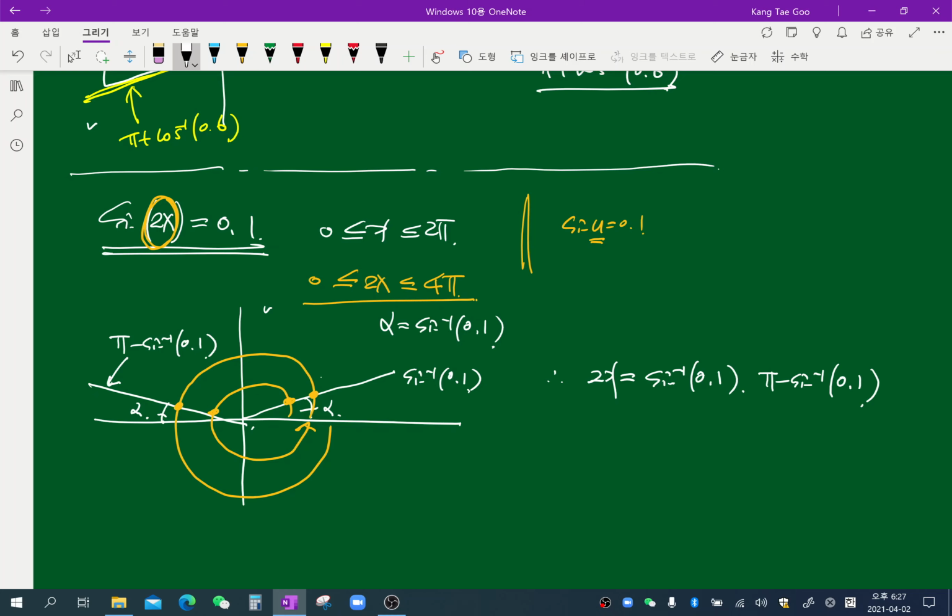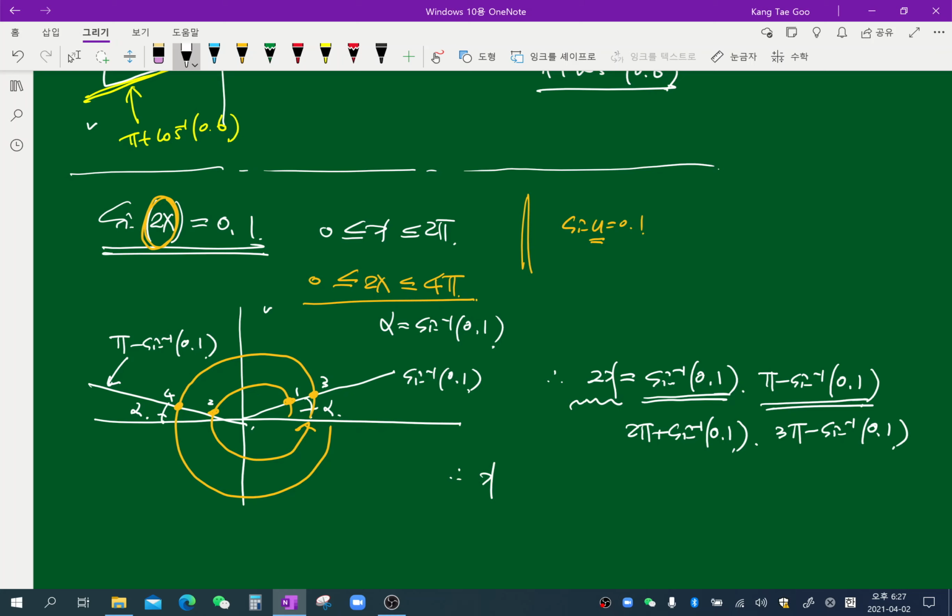The third one, after 1 revolution, the spiral shape is meeting with the sine inverse 0.1 again, right? So we need to add 2 pi to this one. And then again we need to add another 2 pi to this one, which is 3 pi minus sine inverse 0.1. And then your left hand side was 2x, still it's not the x, right?